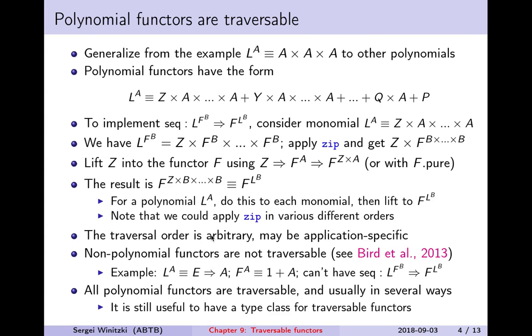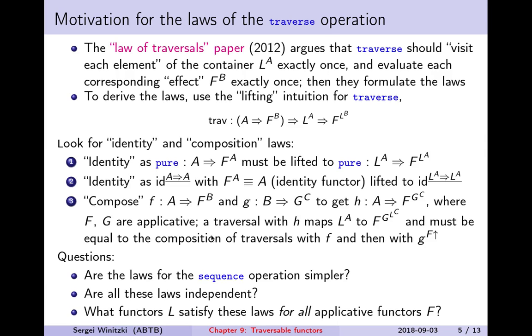But now let's take a look at the laws, because we have been talking about the laws so far, and we need to see in more detail how they work. So I prefer to look at this type signature of traverse and to derive laws using the lifting intuition.